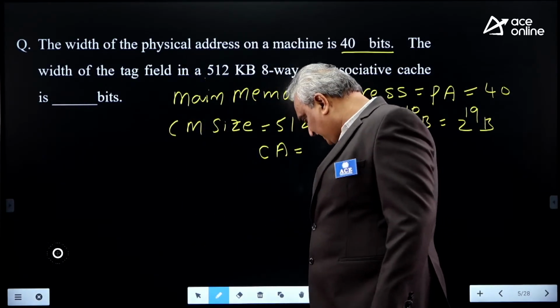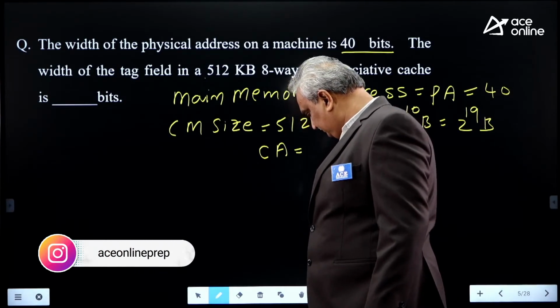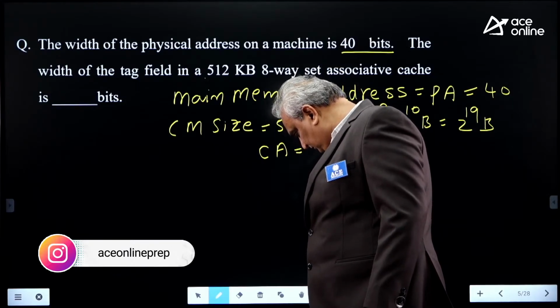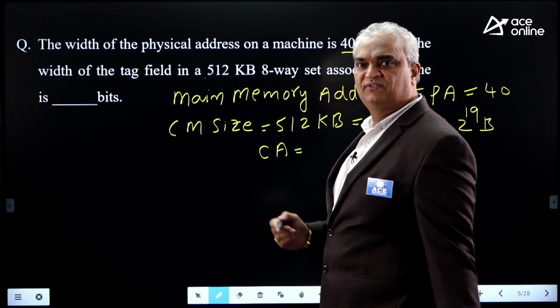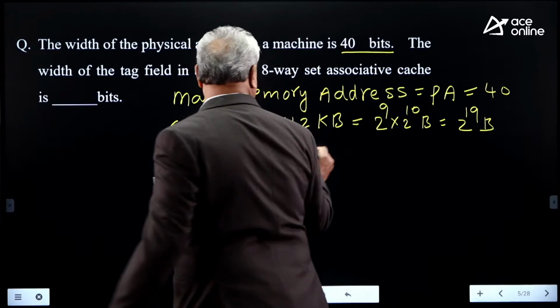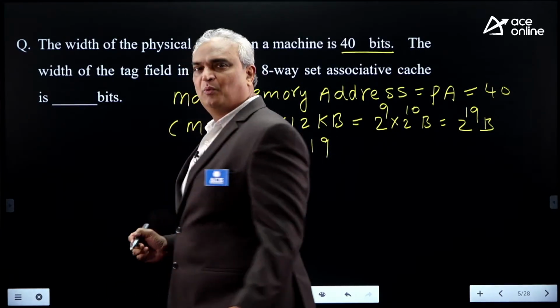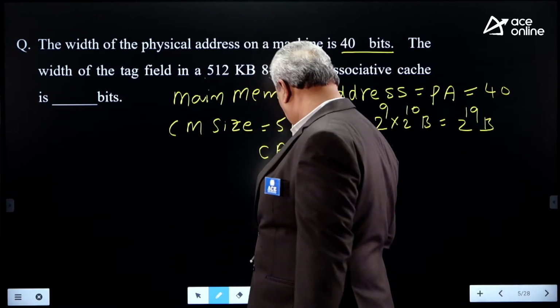It means the number of bits required to select one byte in cache memory is 19 bits. What is the tag field size in an N-way set associative mapped cache?